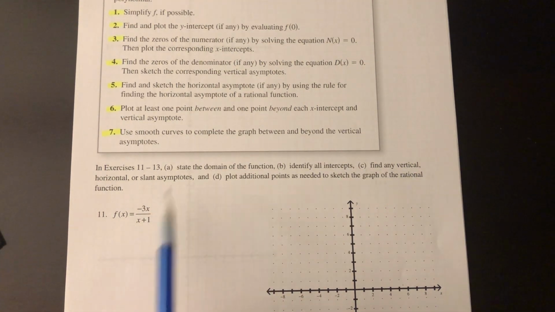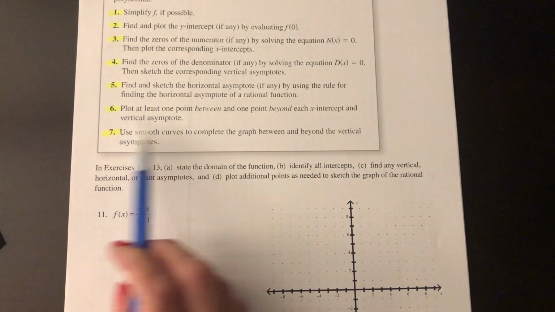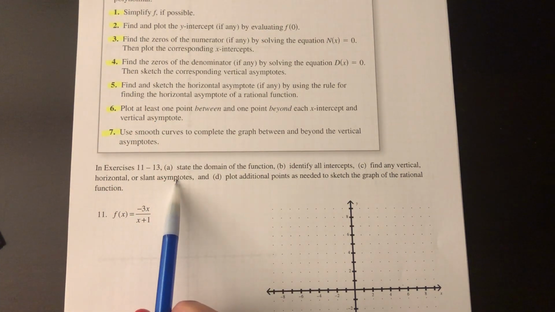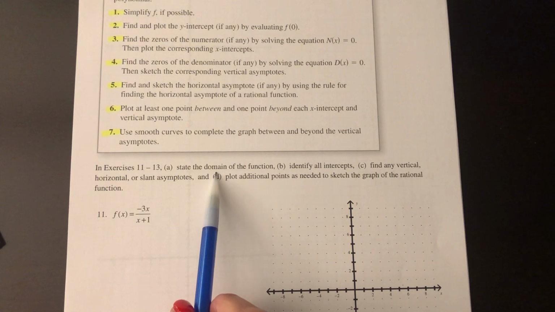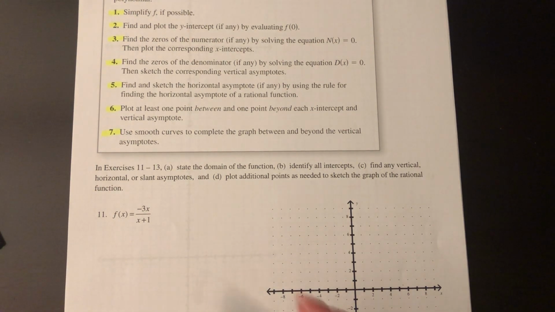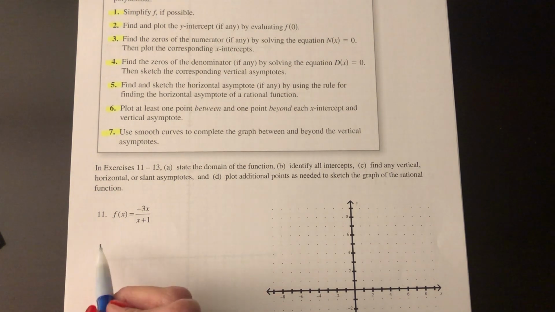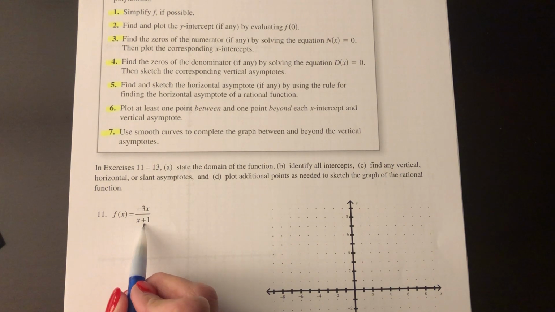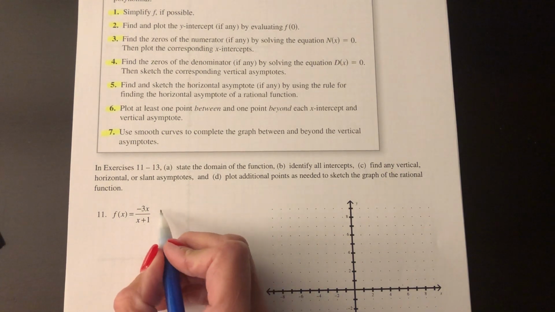So for problem number 11, this is not in our success criteria, but in our directions, it says to go ahead and state the domain. So to find the domain of this rational function, the denominator cannot equal 0.